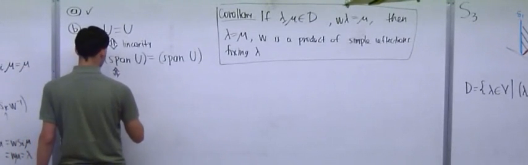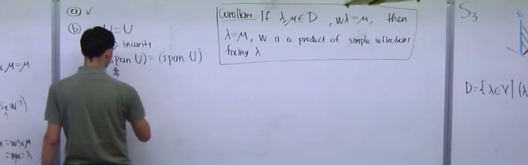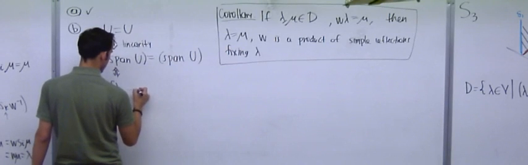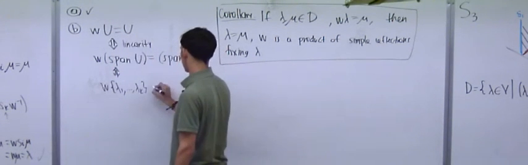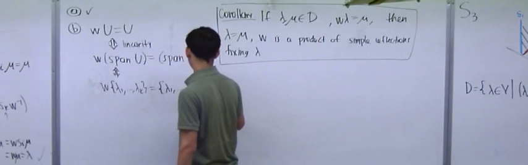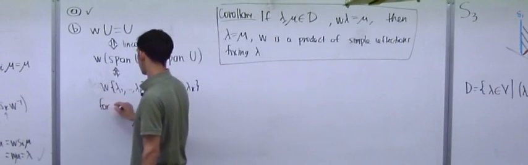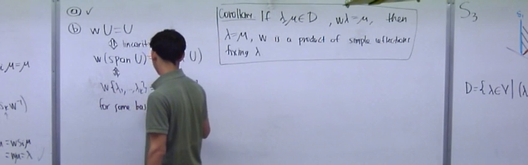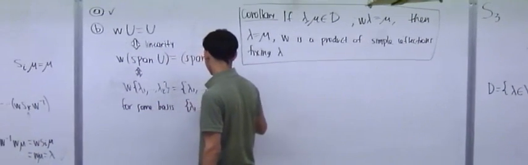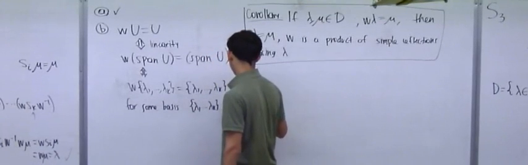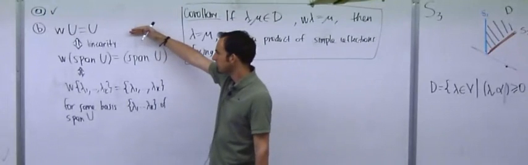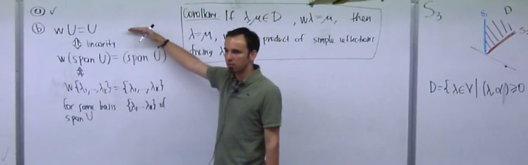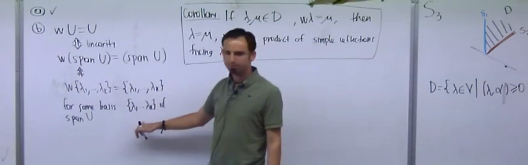So W fixes lambda 1 up to lambda k, for some basis lambda 1 to lambda k of the span of U. And the reason for doing this is that this seems to be kind of an infinite statement, but I have translated it into a finite statement.